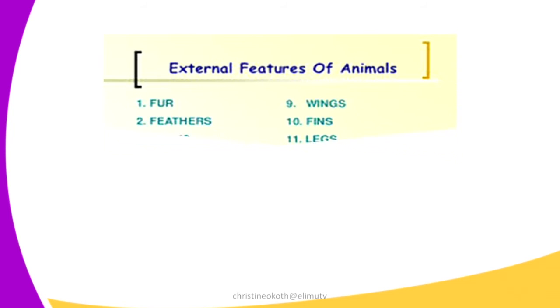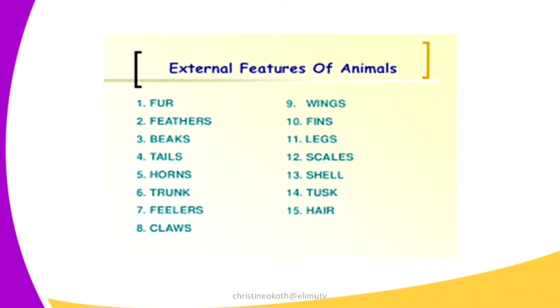Moving forward, now we're going to look at the external features of the animals. How do we identify the animals? We have 15 different ways in which we can look at the features of the animals. We have the fur, feathers, the beak, the tails, horns, trunk, the feelers, the claws, the wings, fins, the legs, the scales which are commonly found within the fish species, the shells, the tusks, and the hair.